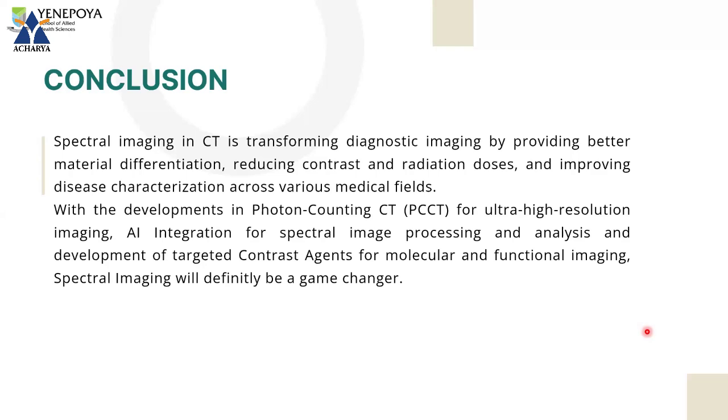First of all, from conventional to spectral imaging, you have reduced the contrast media by 50%. Again, with targeted contrast agents, it will go down further. I can say that spectral imaging can definitely be a game changer, right?